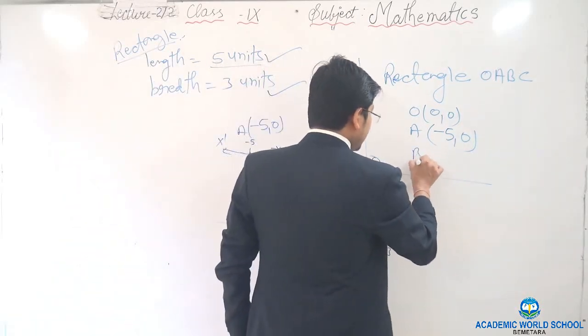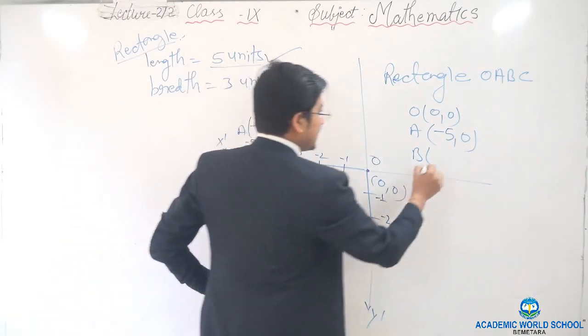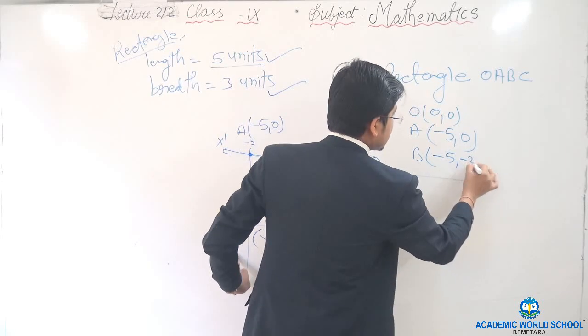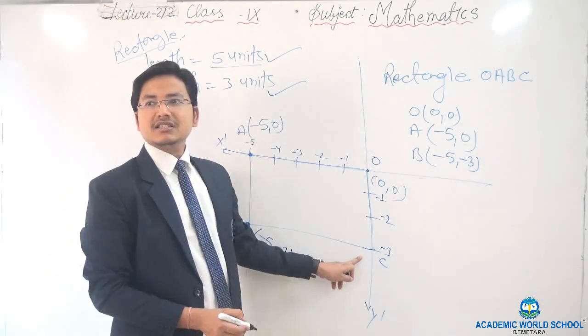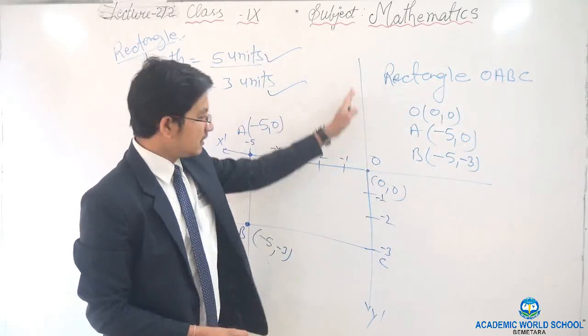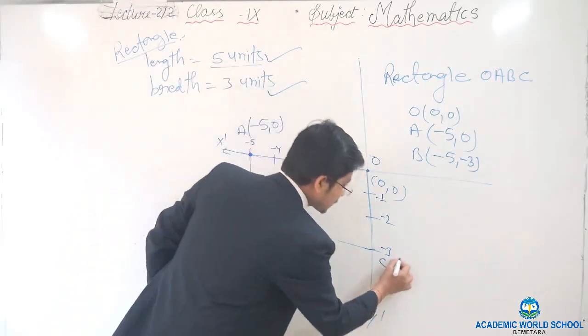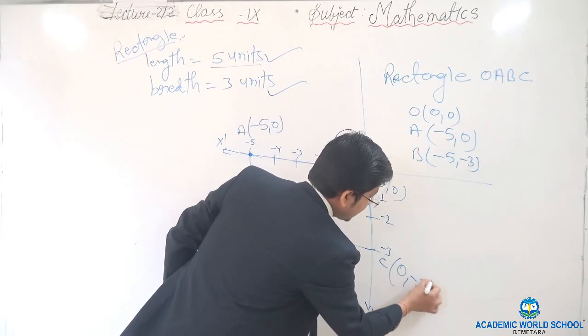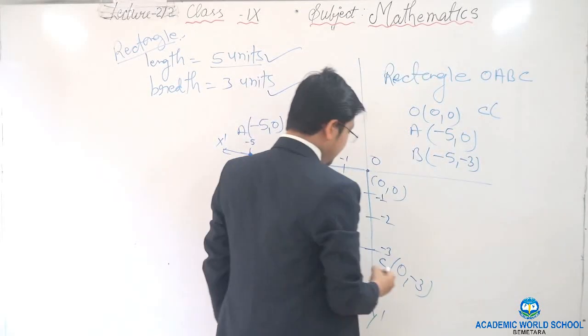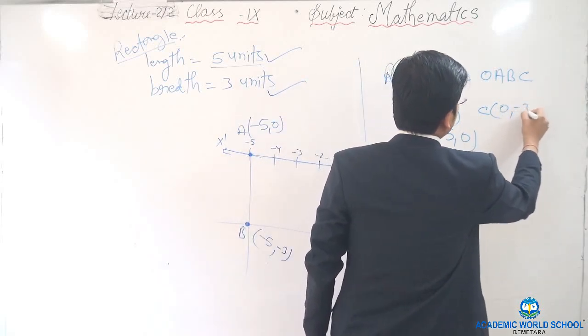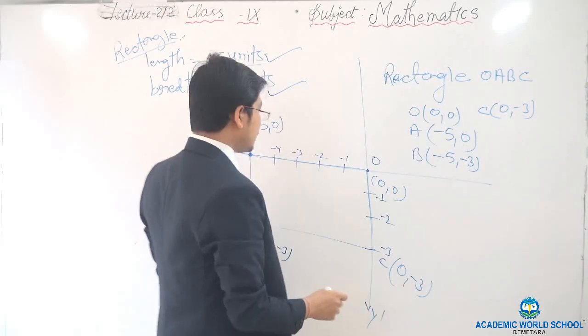So this point B is -5, -3. And what is the coordinate of this point C? Since this point C is lying on the y-axis, the x coordinate is 0. So this is 0, -3. So point C's coordinate is 0, -3.